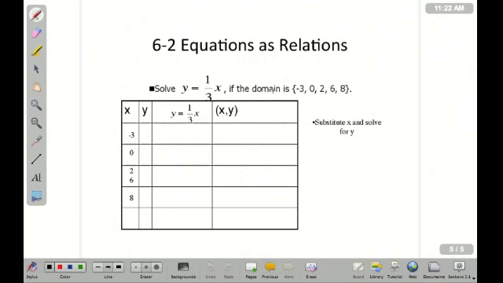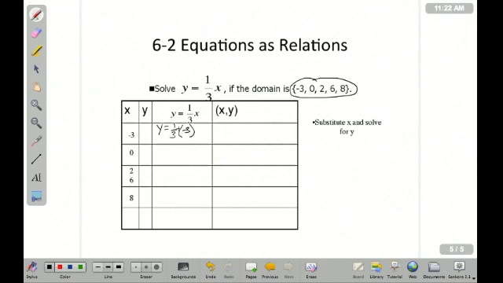Alright, so we're given this domain. We're given these points to plug in. And we want to find out what our y's are. So I've started my table here. I substitute my negative 3, 0, 2, 6, and 8 for my x's, and I need to solve for my y. So I want to work on this equation, and I'm substituting negative 3.